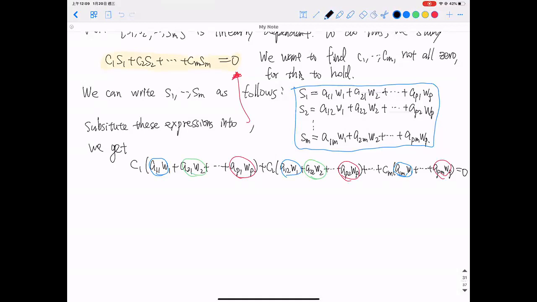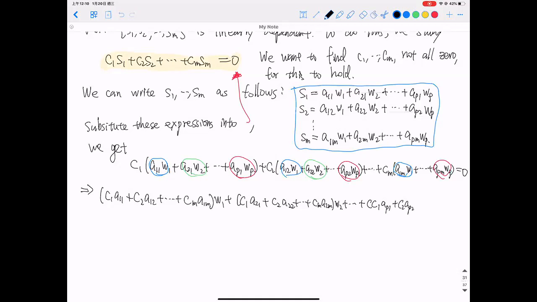That gives us: (C1 A11 plus C2 A12 plus ... plus Cm A1m) W1, plus (C1 A21 plus C2 A22 plus ... plus Cm A2m) W2, plus (C1 AP1 plus C2 AP2 plus ... plus Cm APm) WP, equal to 0.